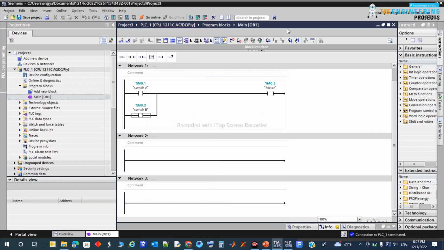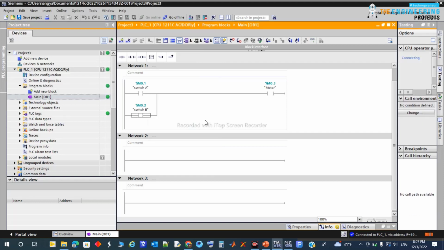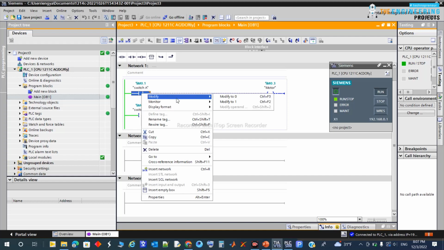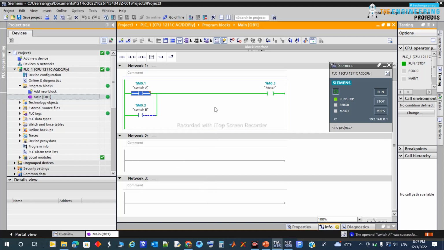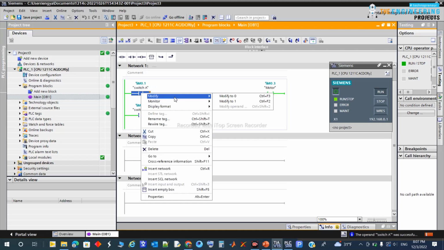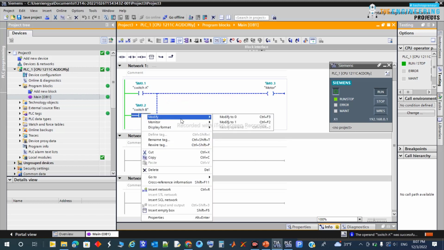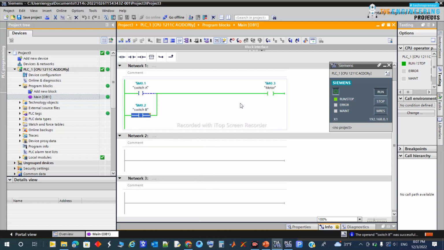If we simulate this again and turn on the simulator, you can see that when A is off and B is off, the output is off. But if at least A or B is on, the output will be on.